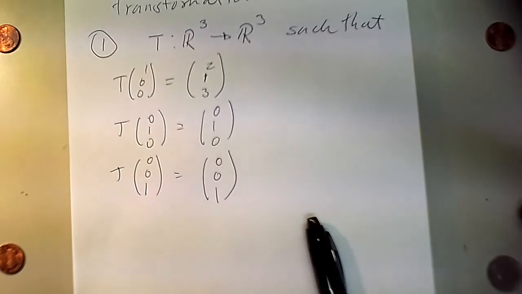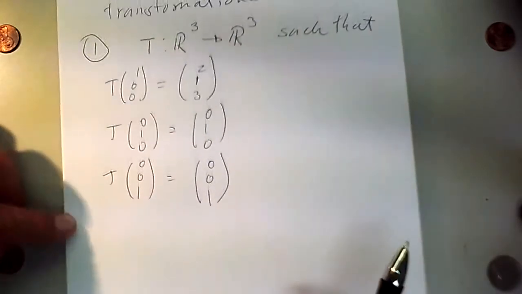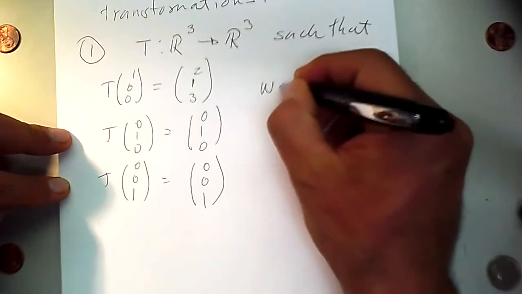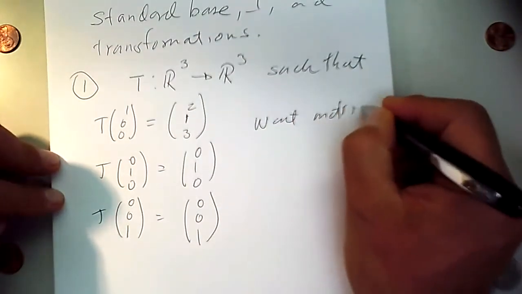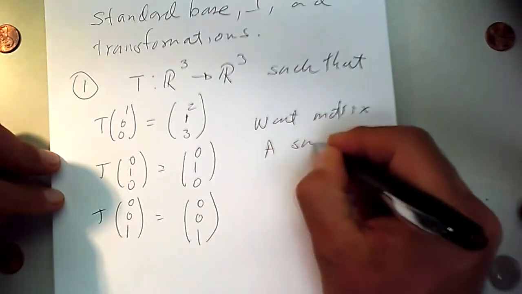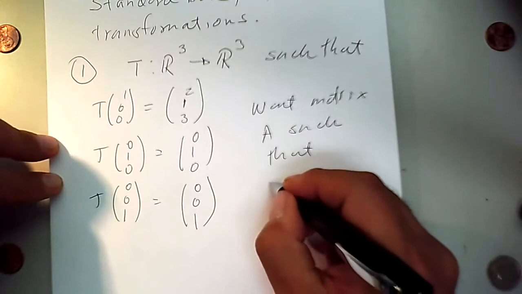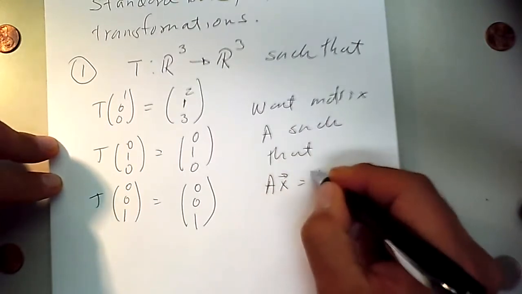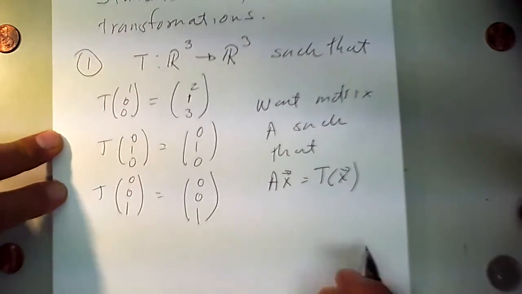Let's think of finding the matrix in a general way. So I want to find a matrix A such that AX, the column vector X, equals T of X. Okay, so that's our goal.